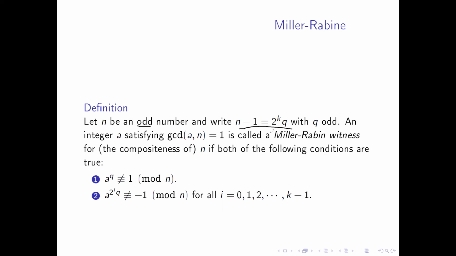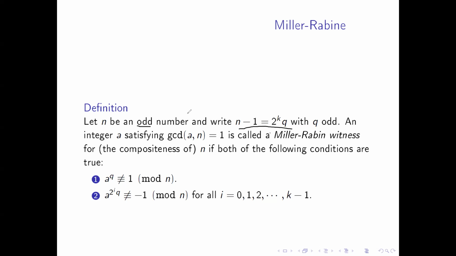This is really easy to find because if you give me any odd number, I can subtract 1, super easy operation. I can then repeatedly divide by 2 until I get a number that is odd, that is congruent to 1 mod 2, same definition as odd. That number is q.